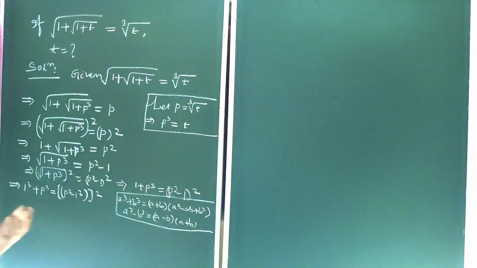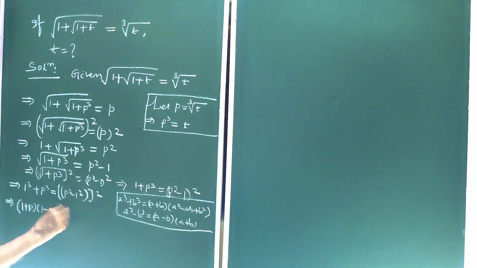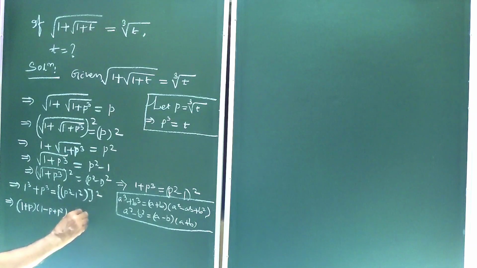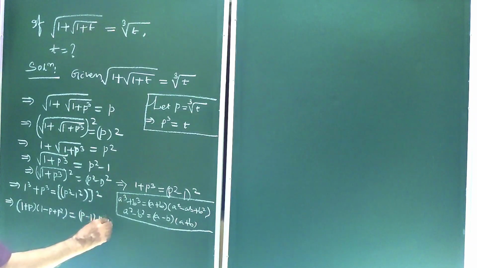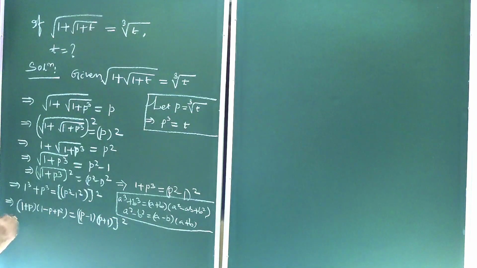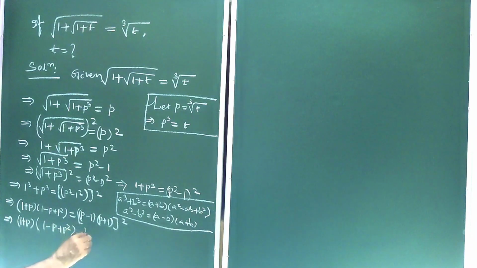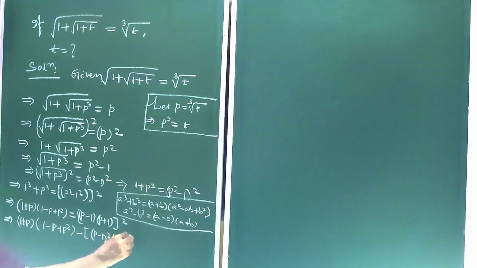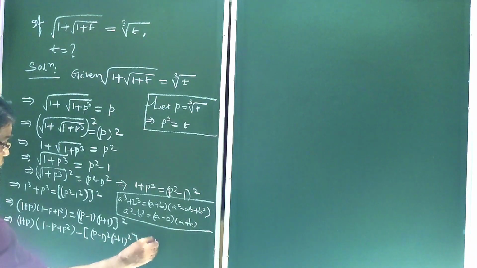Now applying this formula we get (1 + p)(1 − p + p²) is equal to ((p − 1)(p + 1))². This implies (1 + p)(1 − p + p²) − (p − 1)²(p + 1)² is equal to 0.